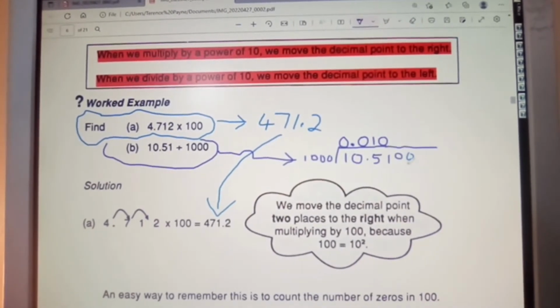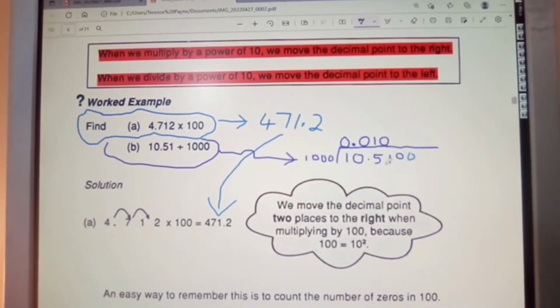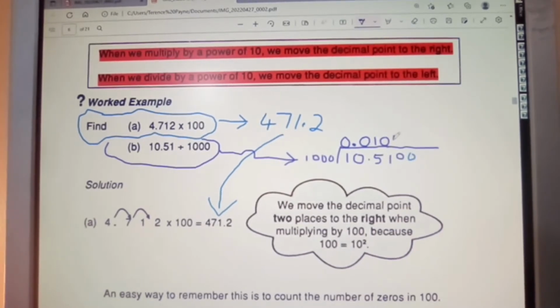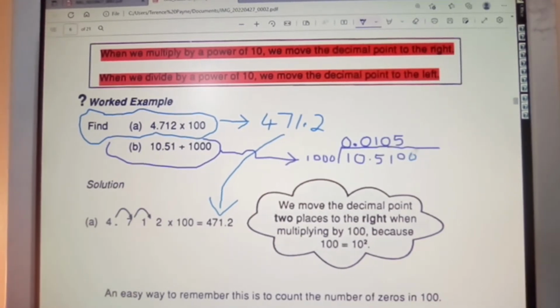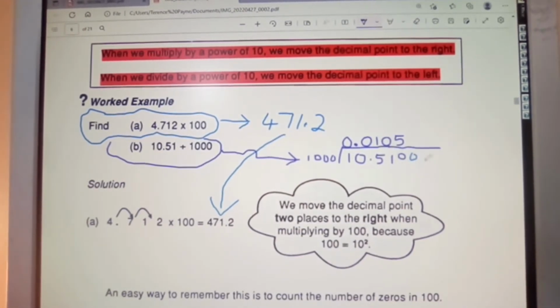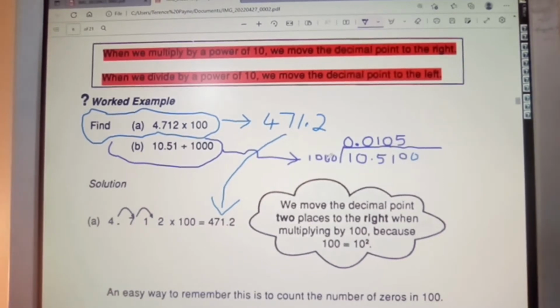All right. So falling to 5, 1,100 goes 5 times. We're left with 100. So 1,000 into 100 won't go. We add a 0.